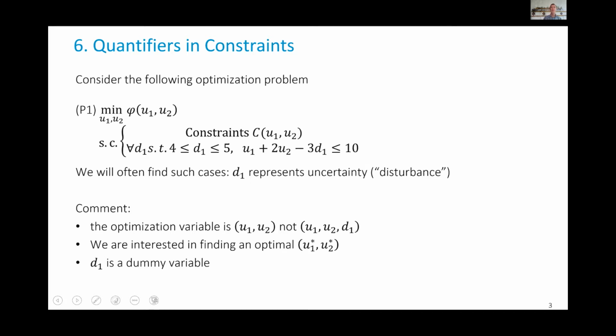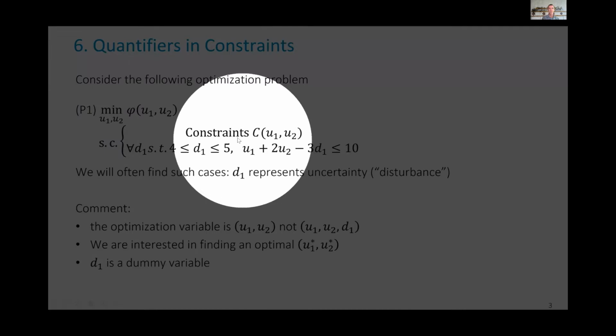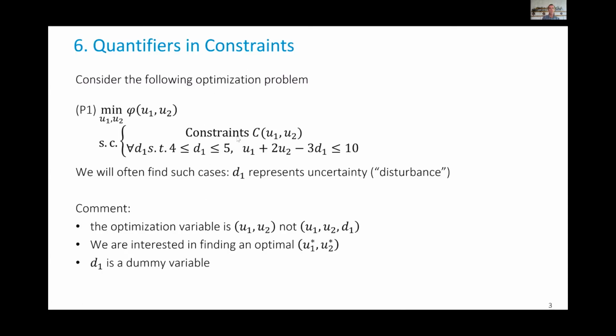We consider the following optimization problem. Here I'm writing a toy optimization problem, but we need to analyze it in detail. So it's a minimization problem with two optimization variables, U1, U2, some objective functions, some constraints, that's the classical thing.